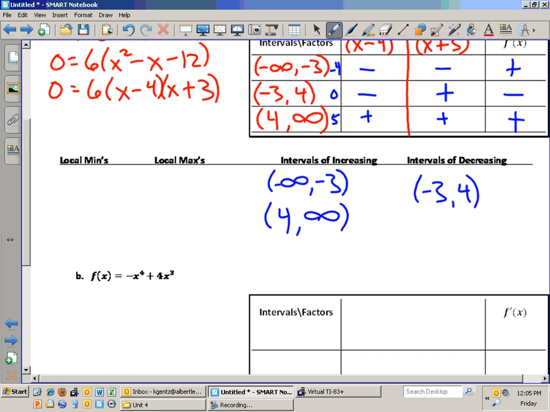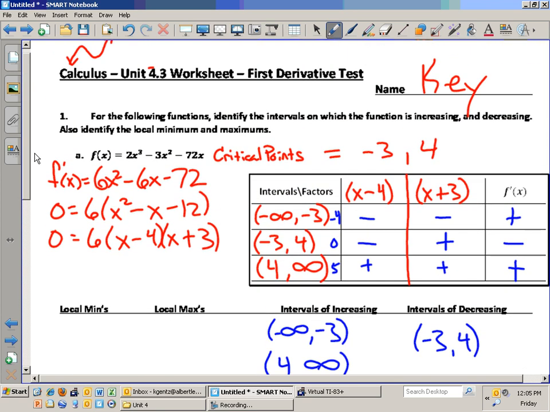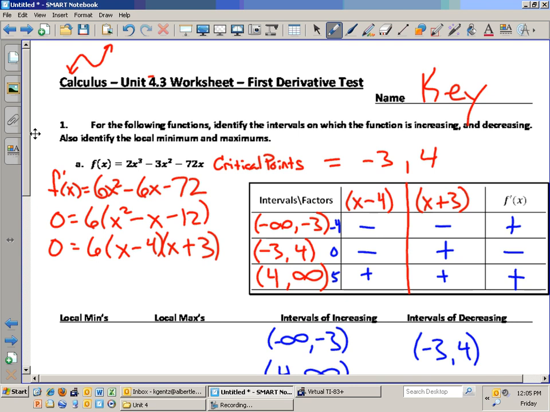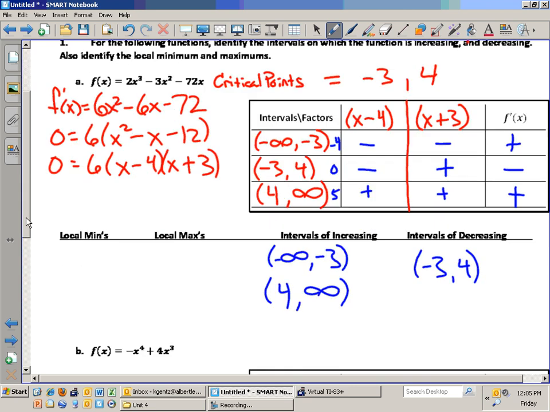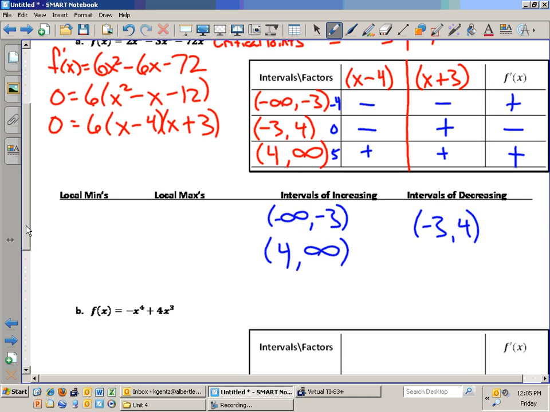Now, I do have a local min. Will the local minimum happen where the function goes from decreasing to increasing, or where it goes from increasing to decreasing? Yeah, if you look at your function right here, the local minimum happens where it goes from negative to positive. Where does it go from negative to positive?